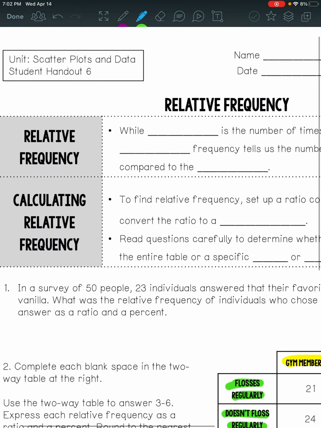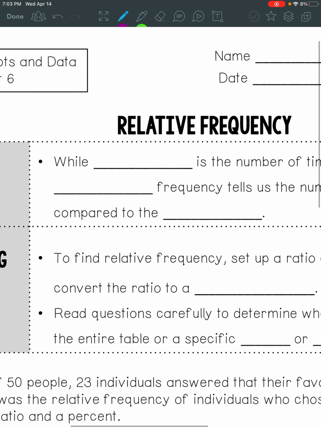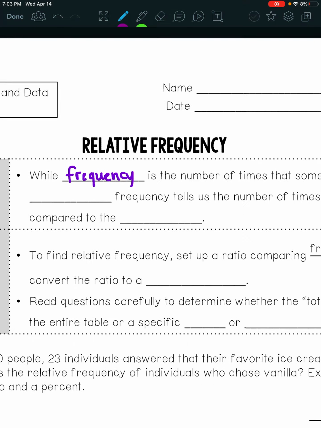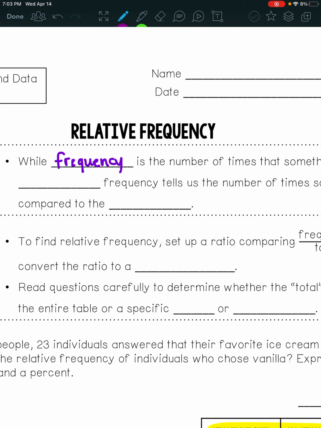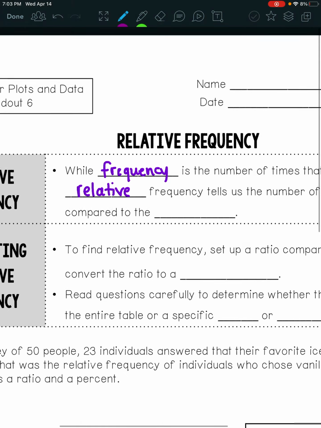First of all, relative frequency is what we're talking about in these two-way tables today. So we've been doing what we call frequency tables or two-way tables. Frequency means the number of times that something occurs. Relative frequency is a little different.